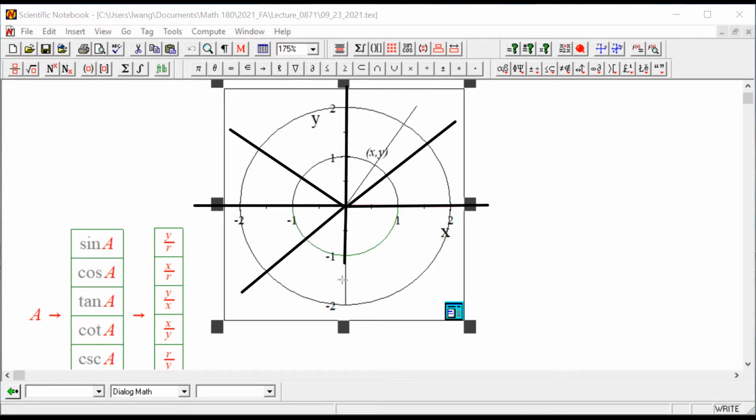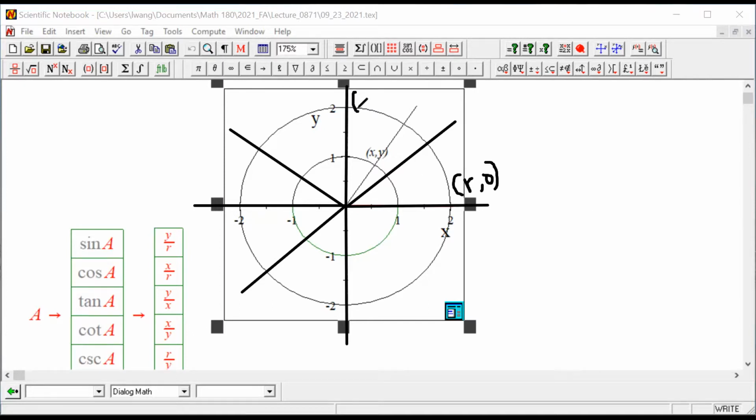In the first case, what is that point on the line? The x is the same as r, and the y is 0. In this case, y divided by r is going to be 0, right? Now let's look at that point.